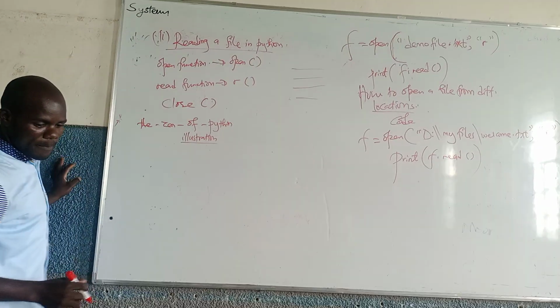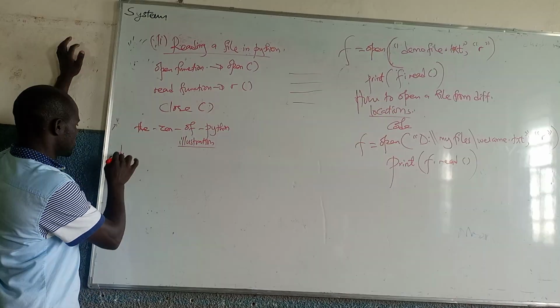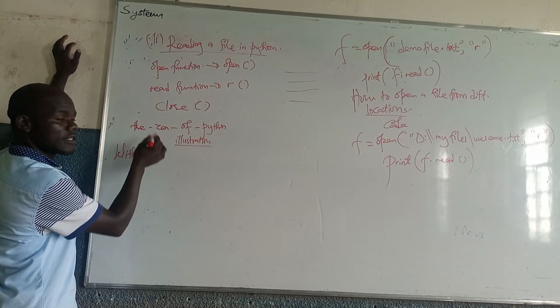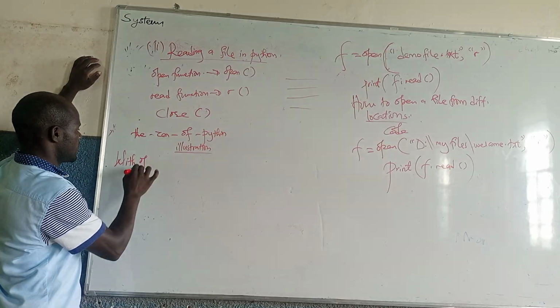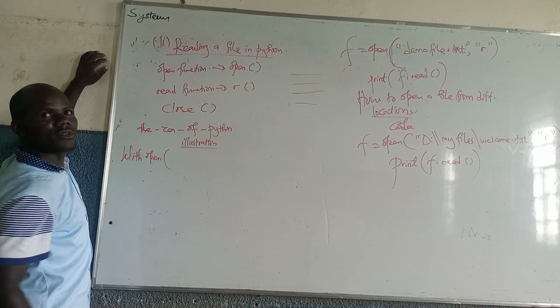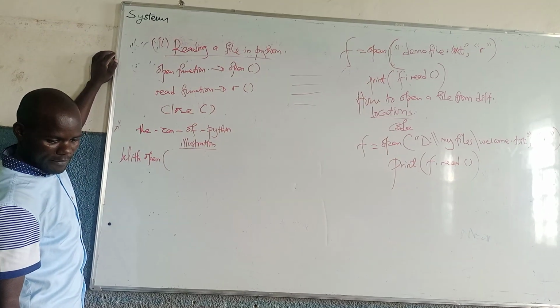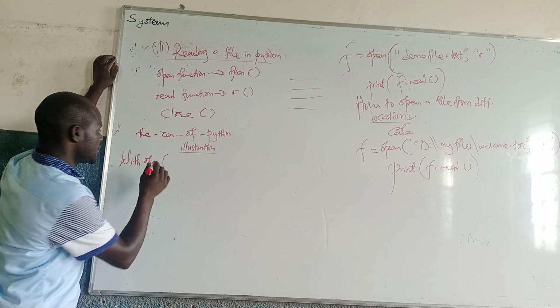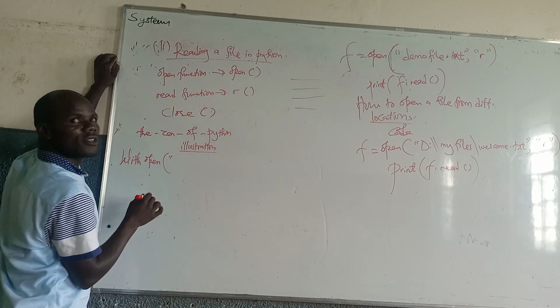For illustration, we shall say with open. So this is the code. With open, open the bracket, then put a quote.